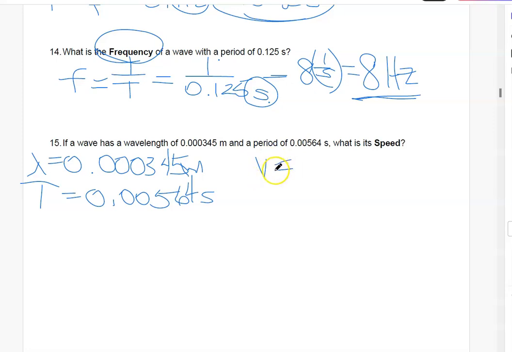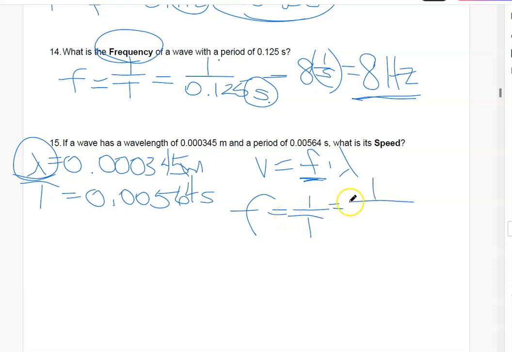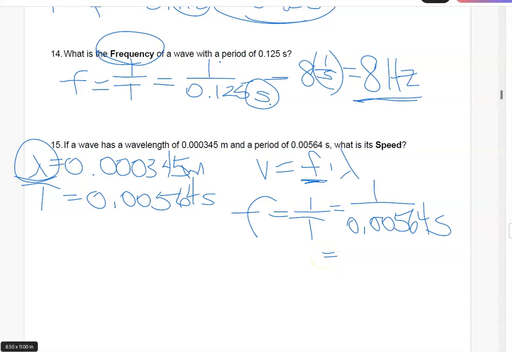Well, we know speed is frequency times wavelength. Well, we have the wavelength, but we don't have the frequency. But we know that frequency is 1 over the period, and we do have the period. So 1 over 0.00564 seconds. We plug that into our calculator, and our numerical value is 177.3.